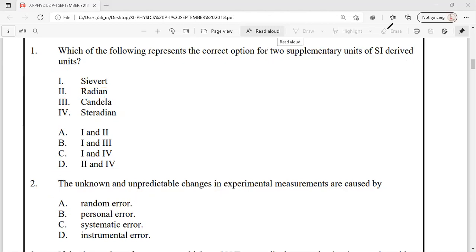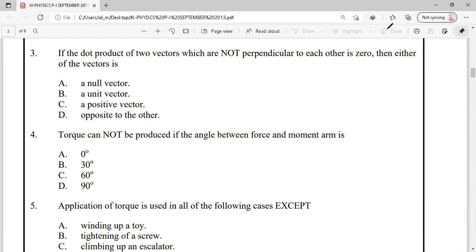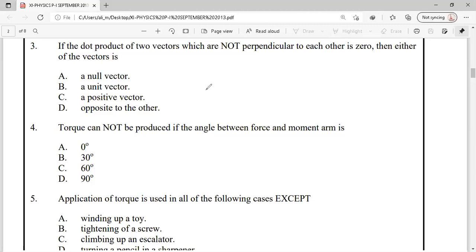Let's move to our question number 3 and 4. In question number 3, the dot product of two vectors which are not perpendicular is 0. So we have two vectors A and B. The dot product of these two vectors is 0.